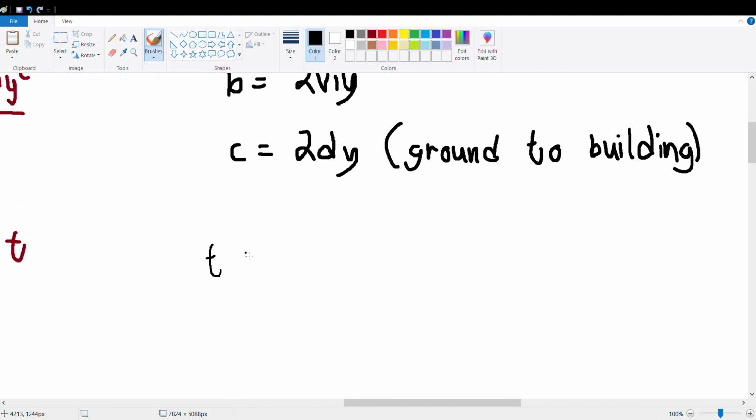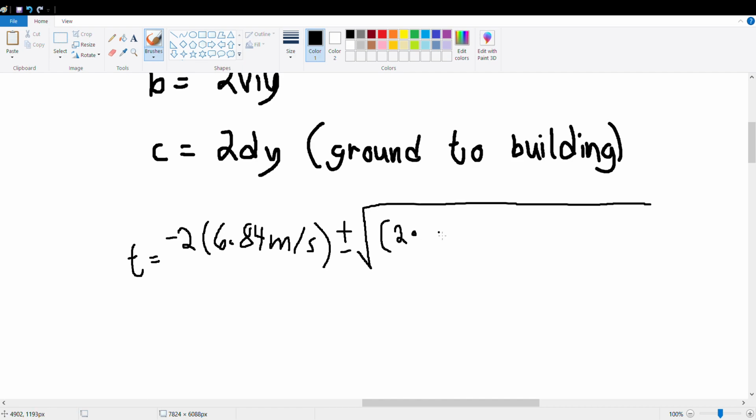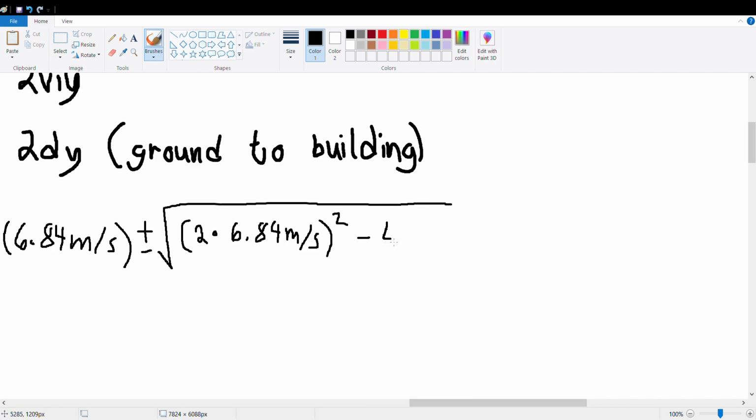So t here is going to be equal to negative 2 times 6.84 meters per second plus minus the square root of 2 times 6.84 meters per second squared minus 4 times negative 9.8 meters per second squared.